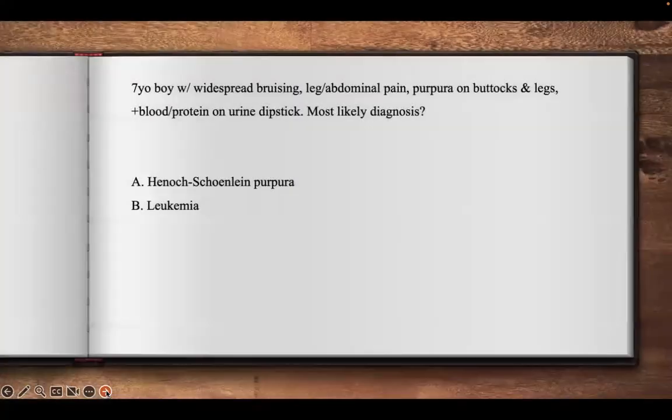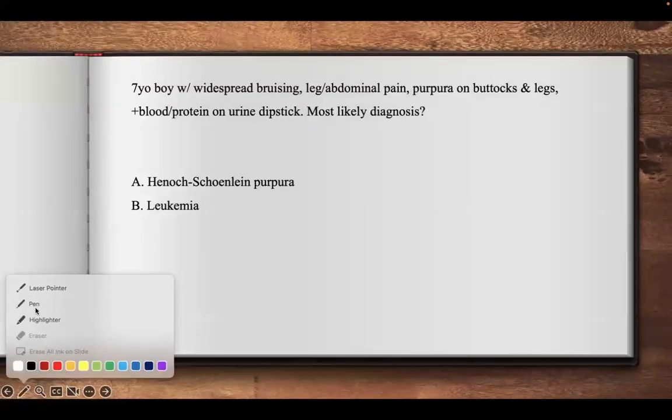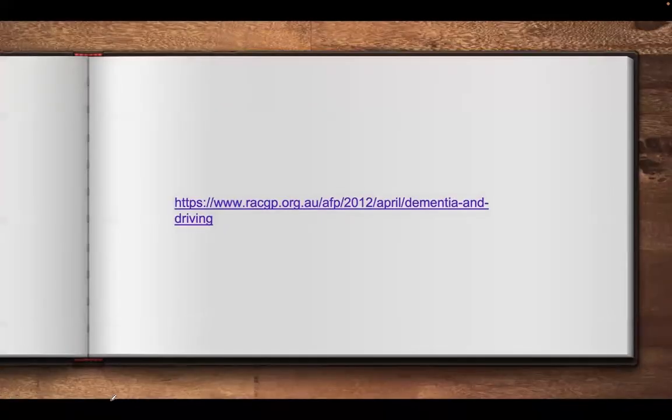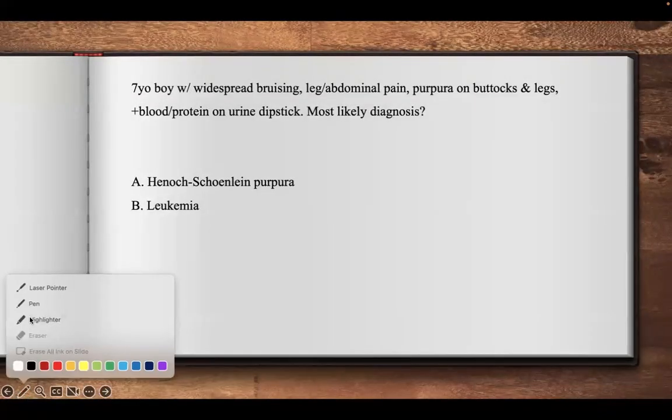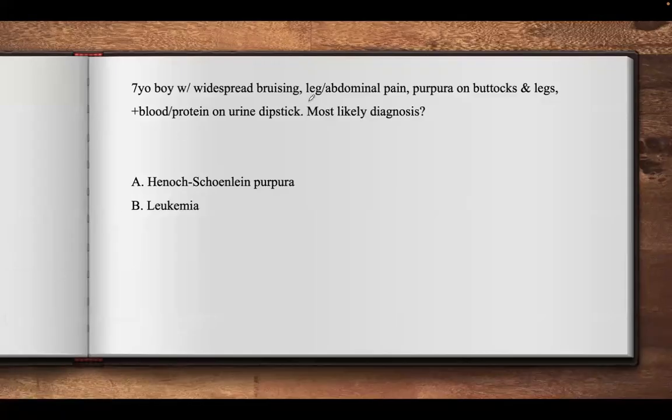Okay, quickly moving on to the next question. Sorry, I'm just trying to do as much as we can. A 7-year-old boy with widespread bruising, leg and abdominal pain, purpura on the buttocks and legs, plus protein on urine dipstick. Most likely diagnosis?